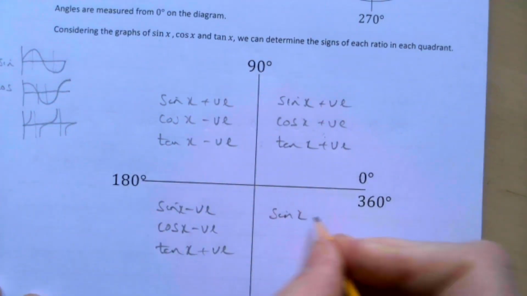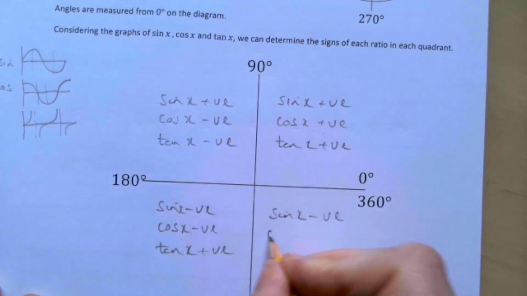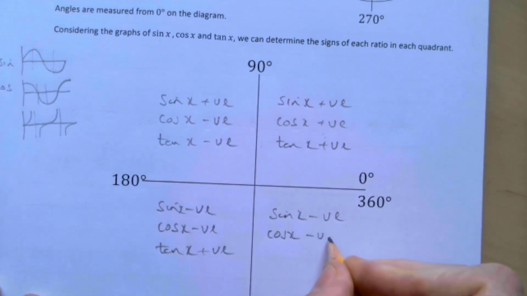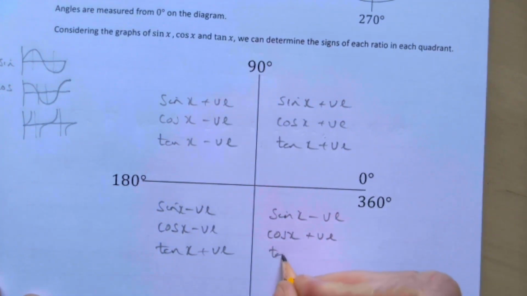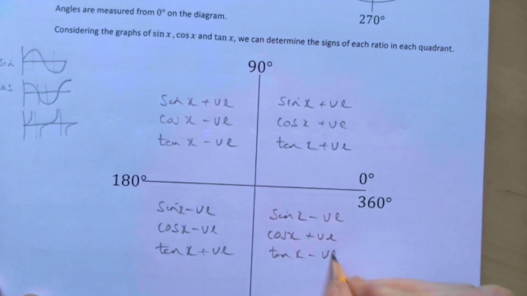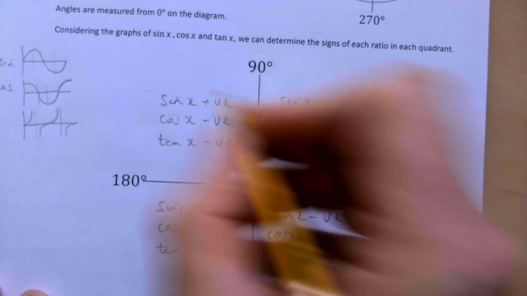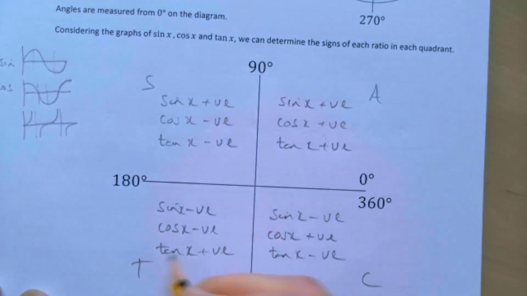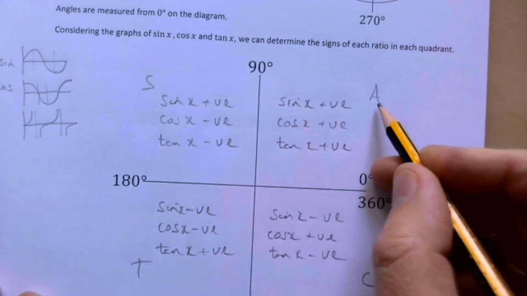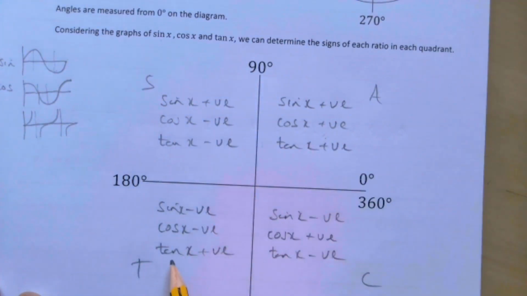So sine x is negative, cos x is positive, and tan x is negative. And that's where our CAST diagram comes from. They're all positive. Sine is positive, tan is positive, and cos is positive. So saying it's CAST diagram going round that way there.